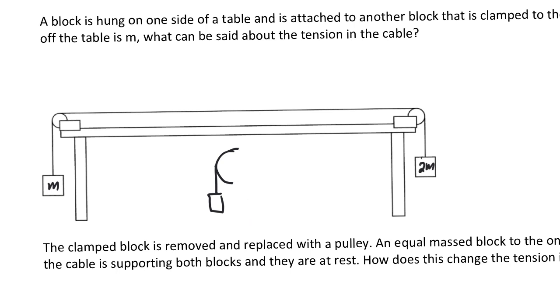So when I consider what I'm going to do, I'm going to address direction first because I think the system's going to go that way, right? Reasonably. Don't you think the heavier one's going to go down and the lighter one's going to go up? Now, there's a part of me that thinks the tension in the cable is going to get greater because there's more weight being hung.